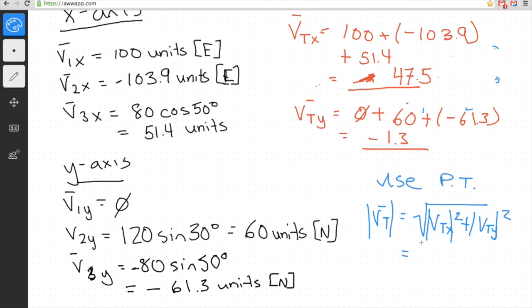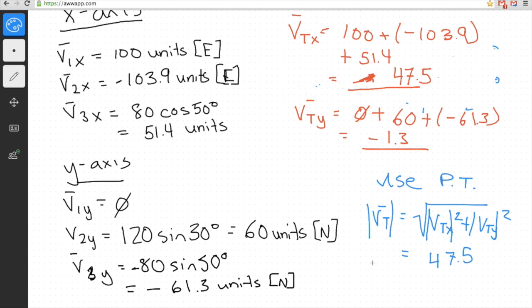So if you go ahead and do that operation, you get 47.5. Now, we probably didn't need to do that because this one is so much bigger than the other one. In fact, in our little diagram here, I should have made the x line almost 30 times bigger than the other one. So it makes sense that this would be pretty much the length of one of the sides.